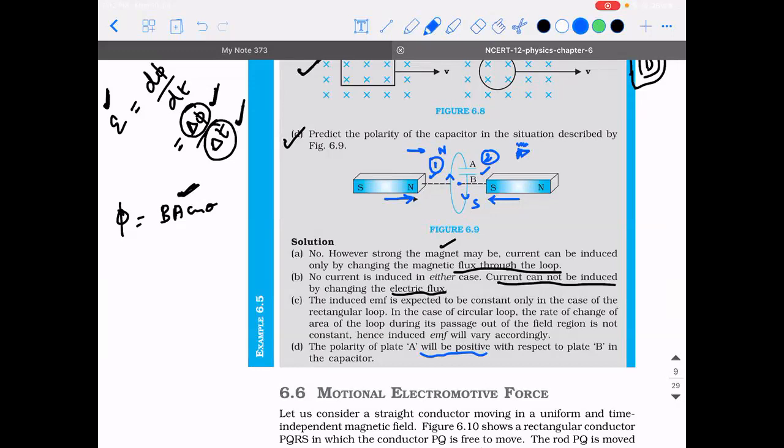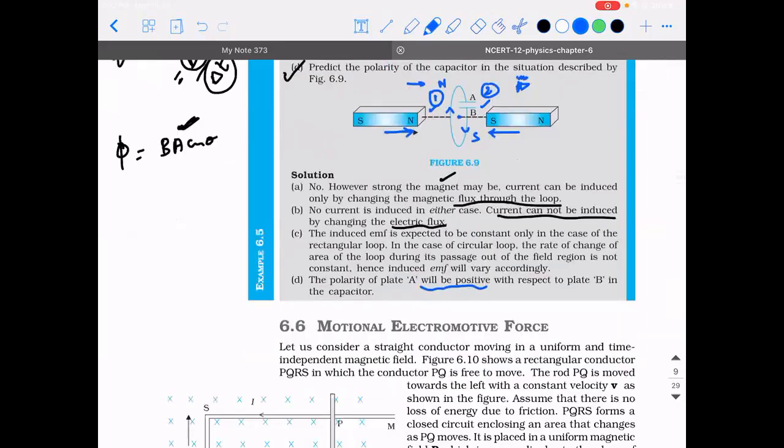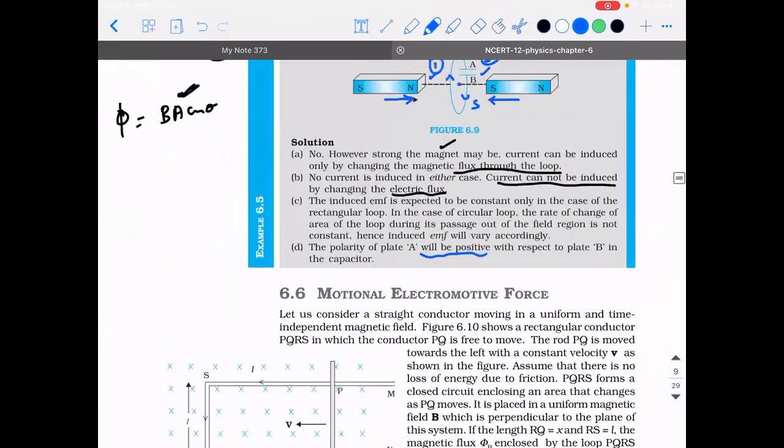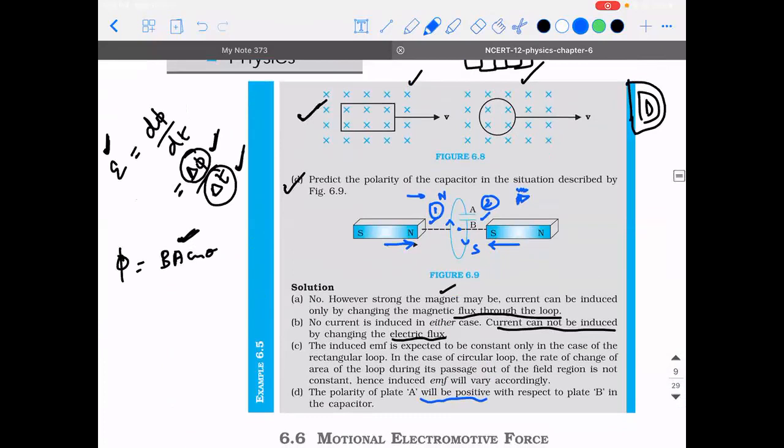Sir, can you tell me the page number? 212. Okay, sir. No, sir, that's the same mistake. You have to change it. Then the only thing we have to check is how the loop's orientation is. But you understood the logic, right?